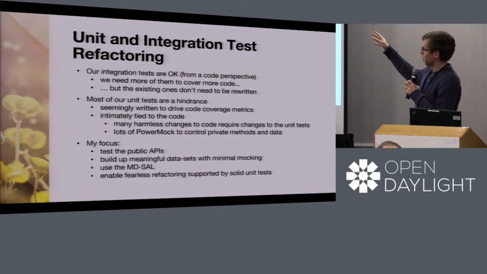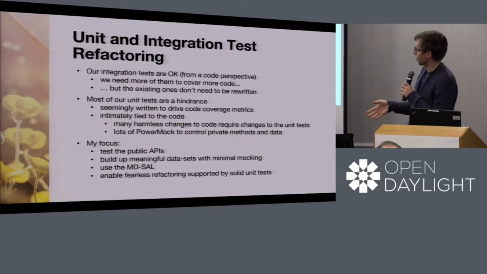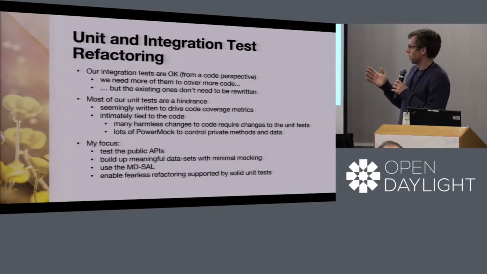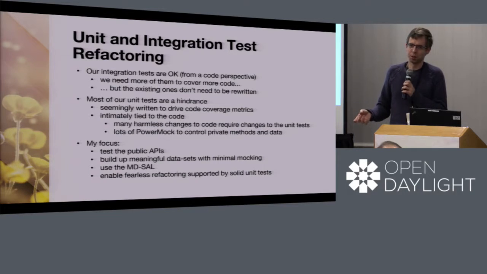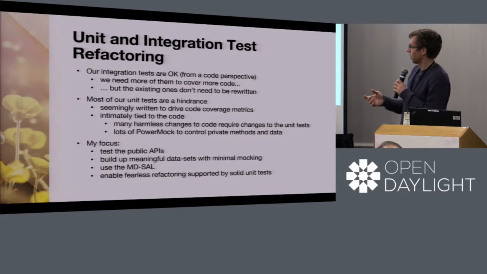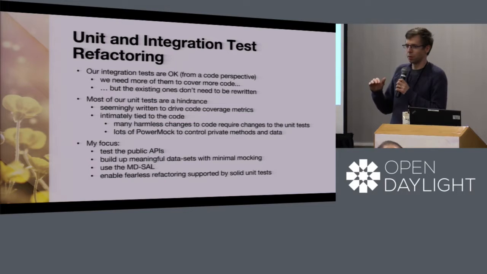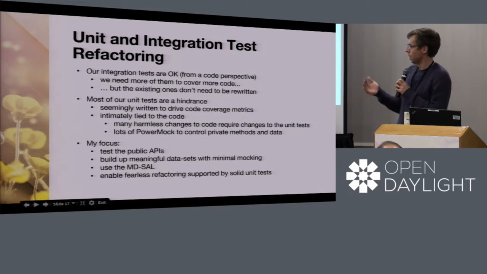The integration tests that we have in OVSDB are okay, but we need more of them. The unit tests, as I was saying, are pretty bad, and we end up using lots of PowerMock, which also means that our code coverage metrics are incorrect. So what I want to do is make sure that we unit test the public APIs and not the private stuff.